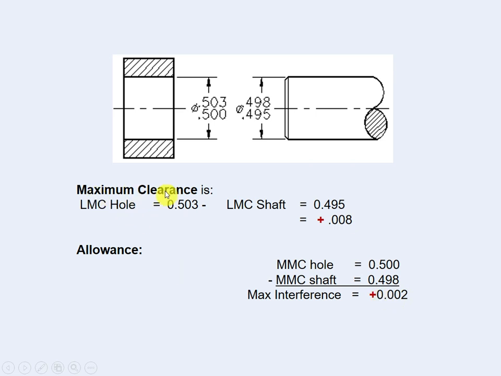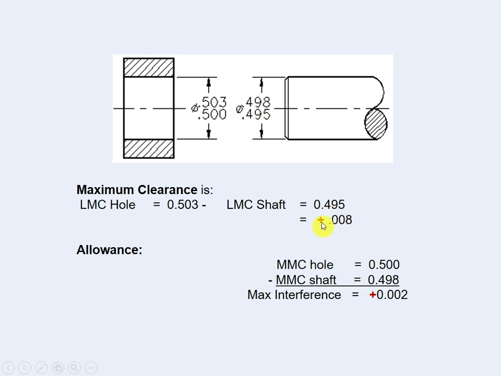Now, to calculate the maximum clearance, we need the LMC hole minus the LMC shaft. The LMC hole, the least material condition for the hole, is the largest hole, which is 0.503, minus the least material condition for the shaft, which is the smallest shaft, 0.495.